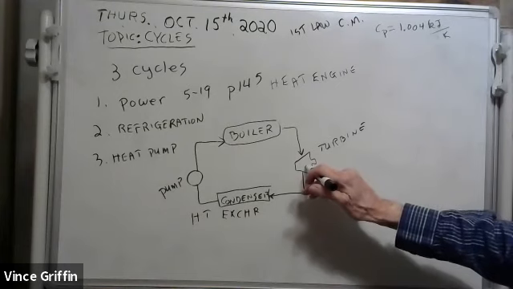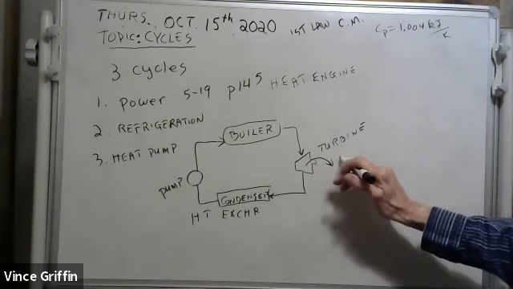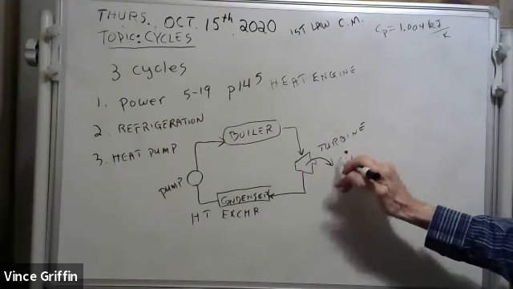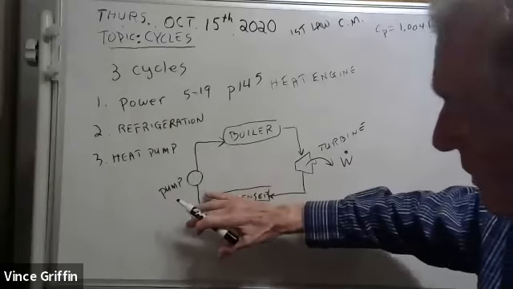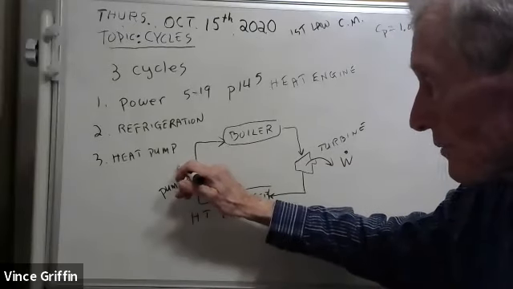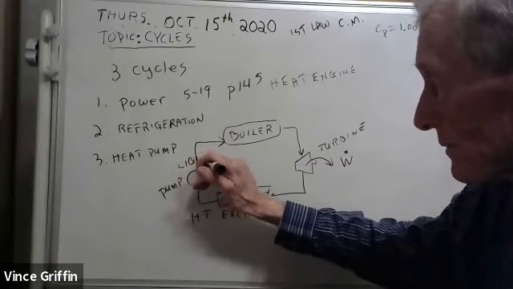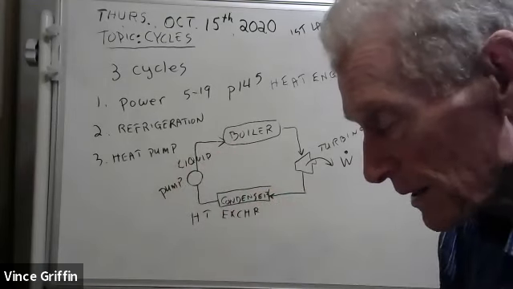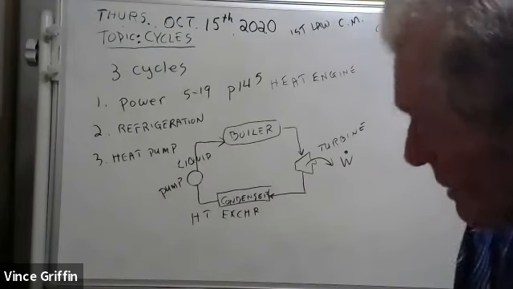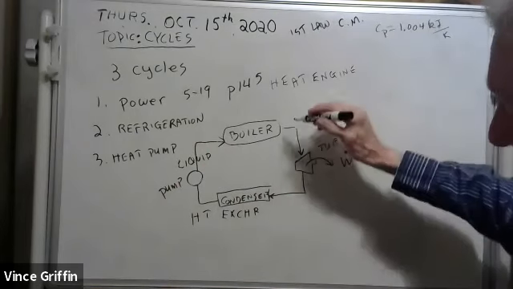And what happens is the turbine gives you power. Power is W dot. See, you come in here with liquid. And the boiler evaporates that liquid, it boils it, and you've got steam coming out here.